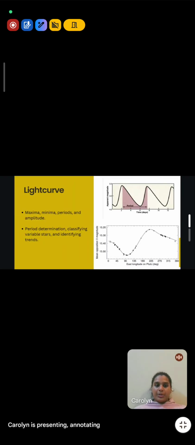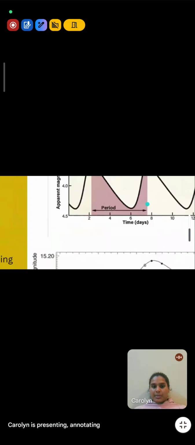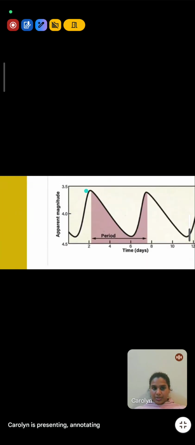All right, so here we come to the key factor of this session, that is the light curve. Now, some of the key features of a light curve include maxima, minima, periods, and amplitude. Maxima is what you see here. Minima is this.